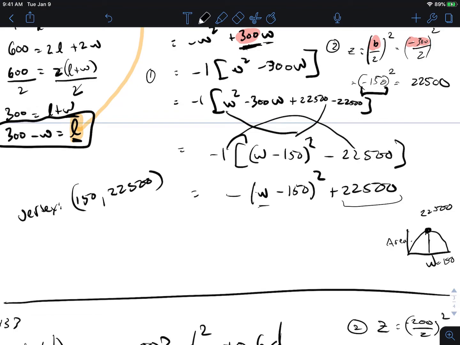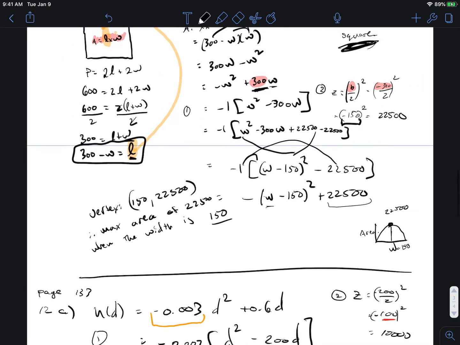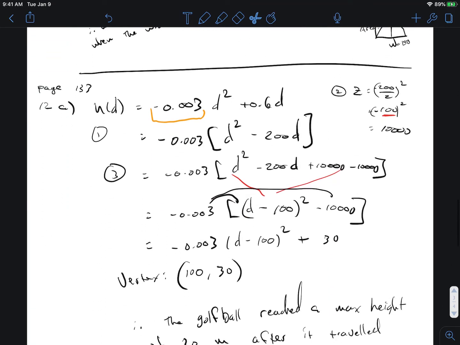So we could say we get a max area of 22,500 when the width is 150. Okay. Now, just to spark your curiosity, what sort of shape do we get if the width was 150?